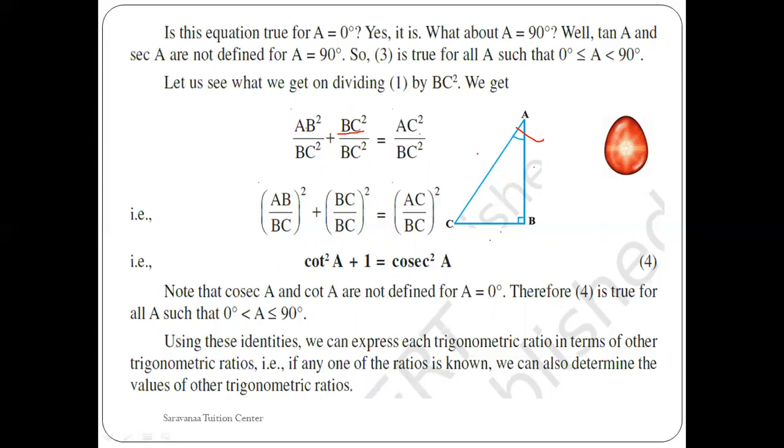So adjacent by opposite is cot. As it is in the square position, you take cot square A. Then BC by BC you can cancel and get 1. Then AC is hypotenuse and BC is opposite. Hypotenuse by opposite is cosecant. So as it is in the square position, you take cosecant square A. And this is how we derive the third identity.